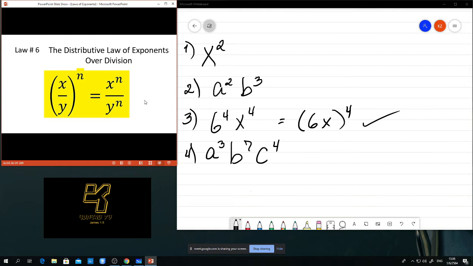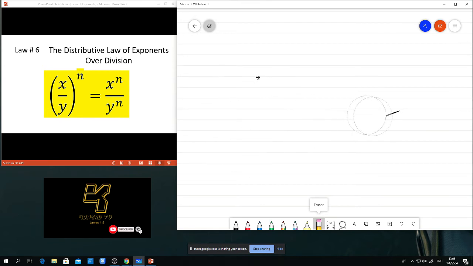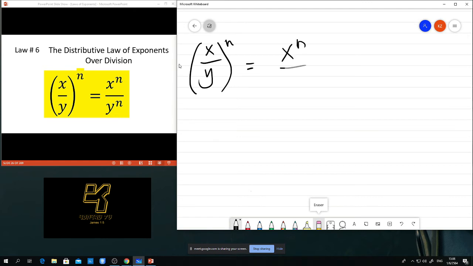Okay, law number 6, the distributive law of exponents over division. So it's the same rule: just distribute the exponent.